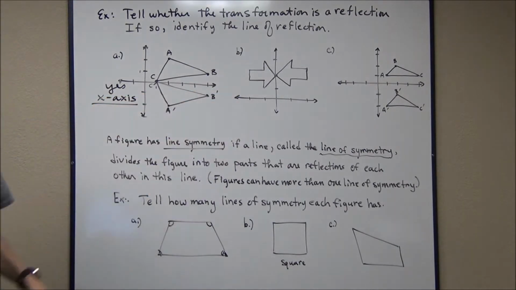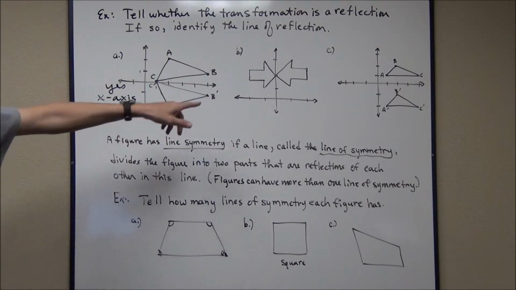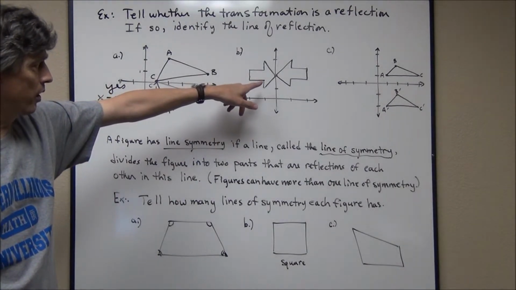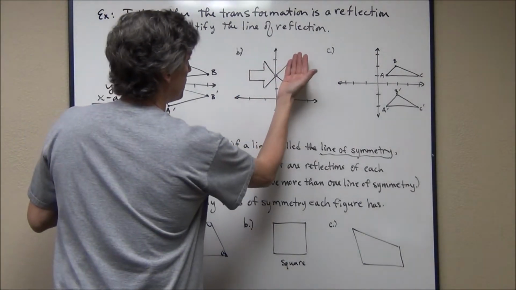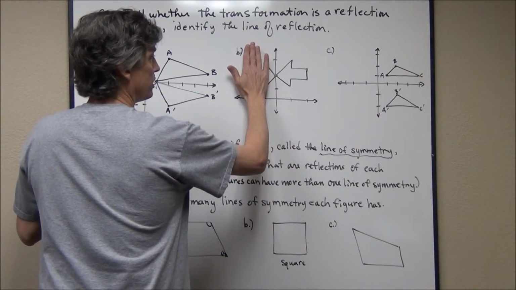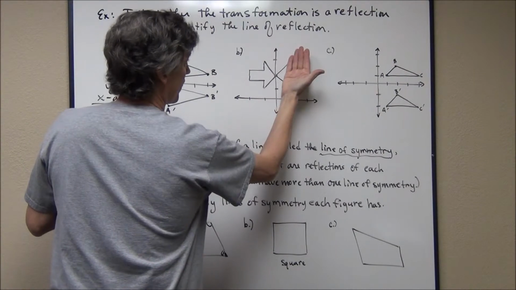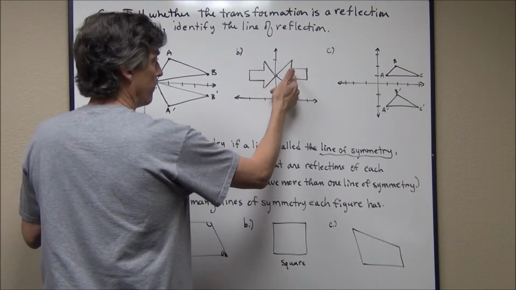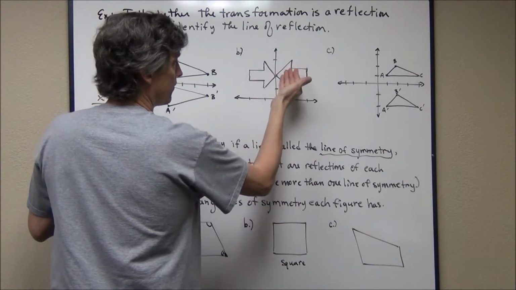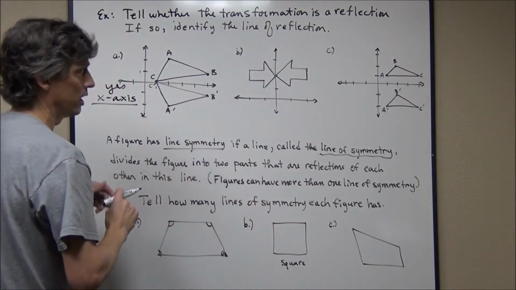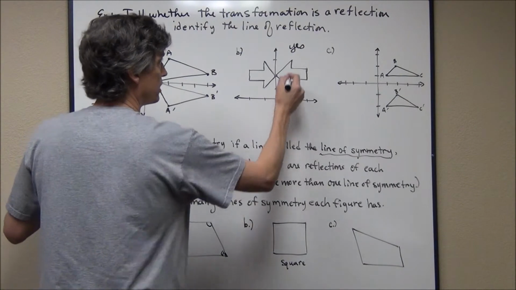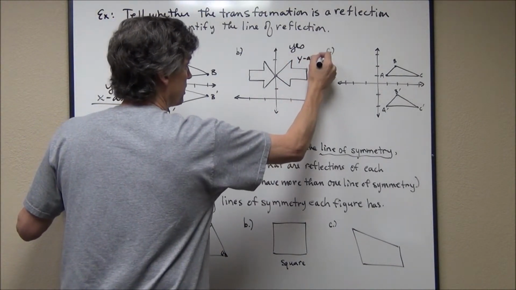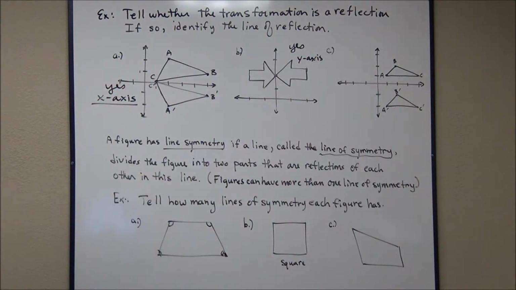Looks like 2 arrows, like you'd see somebody holding at a corner of a street intersection. You've got 2 arrows that are kind of pointing to one another, and you see how this image is from this figure being reflected over to here. If this is my original figure, then this is my image. And you can see that yes, it's a reflection, and it's the y-axis that is the line of reflection here.